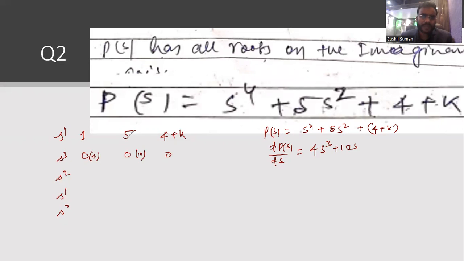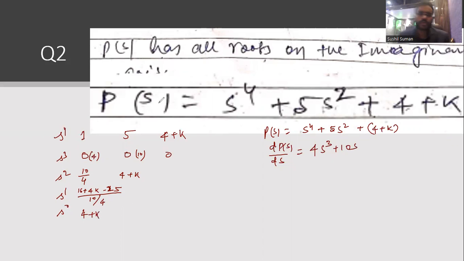This becomes 20 minus 10, divided by 4, this into this minus this divided by this. So this becomes 4 plus K, which is (16 plus 4K minus 100 by 4)... 25 divided by 10 by 4, plus 4 plus K.